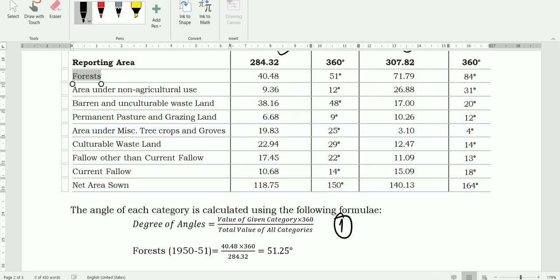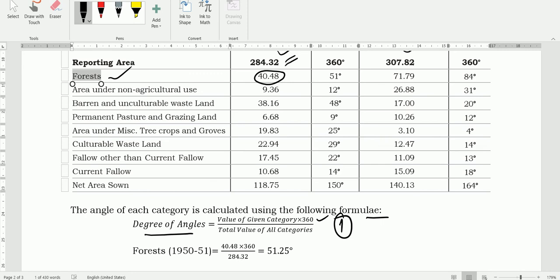The angle of each category is calculated using the following formula. Here, degree of angles is equal to value of given category. So this is the value of the category forest, multiplied by 360 and divided by the total value of all categories. So total value of all categories is here, 284.32.